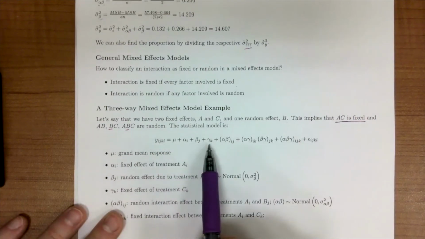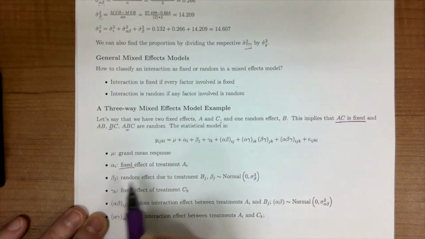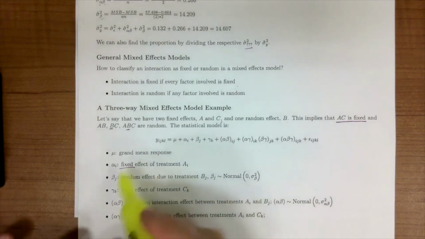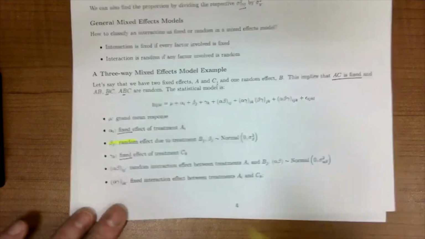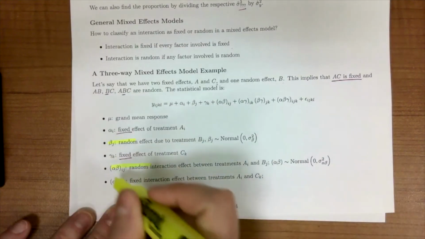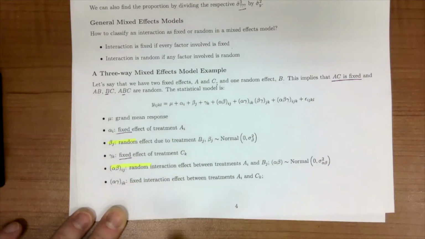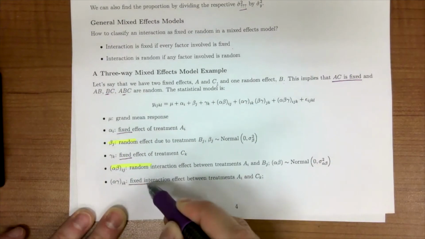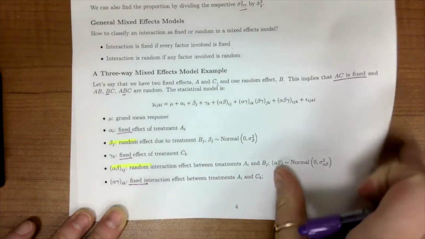So here's a 3-way mixed effects model where A is fixed, B is random, and then our gamma is also fixed. So our AB is going to be random because it contains B and B is random. Our alpha gamma is going to be fixed because both components are fixed.